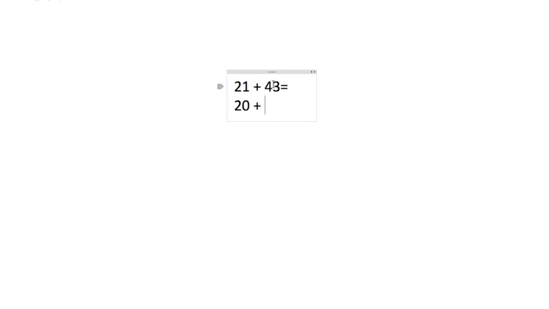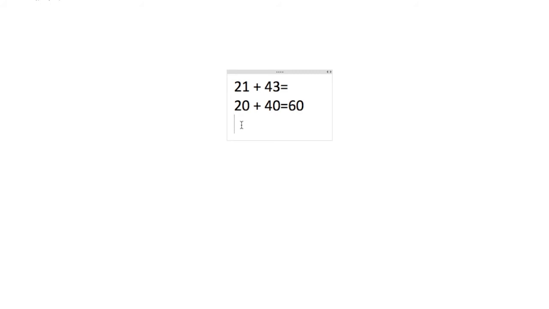I think we should round it to 40, because anything before 5 you round back. Now we have our answer here: 20 plus 40 equals 60. So that's a reasonable answer.